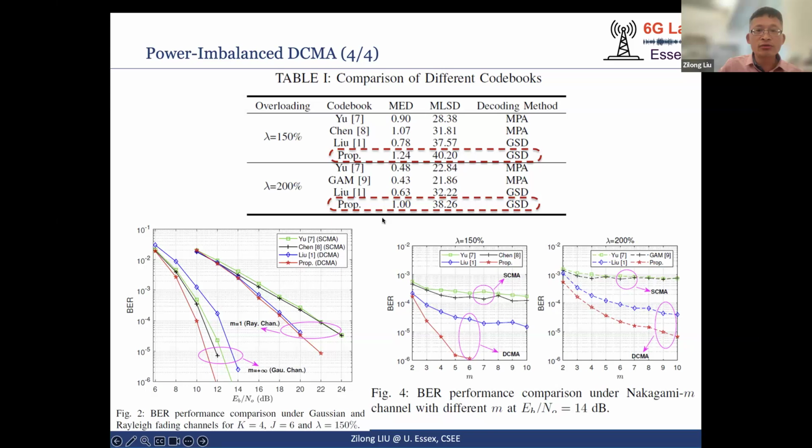Similarly, once we have the overloading of 200%, we are able to achieve the minimum MED of 1 compared to SMA, where the maximum MED is 0.63. And this can be reflected in our bit error rate performance. Now you can see our bit error rate performance of DSMA, where we can always achieve the lowest bit error rate compared to SMA.